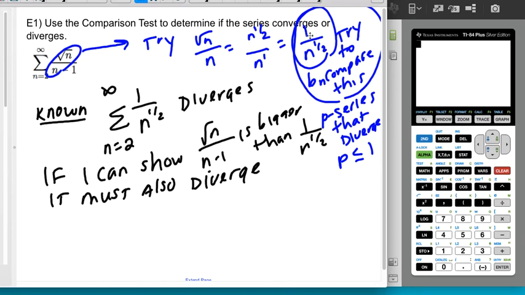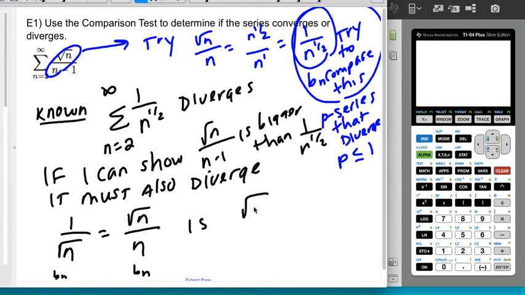If I clean this up a little bit, I could rewrite this guy to look just like this. So I know that this is what I have. This is my b sub n. I could multiply that by root n over root n and get this. So this is my b sub n. The question is, is this bigger than this?